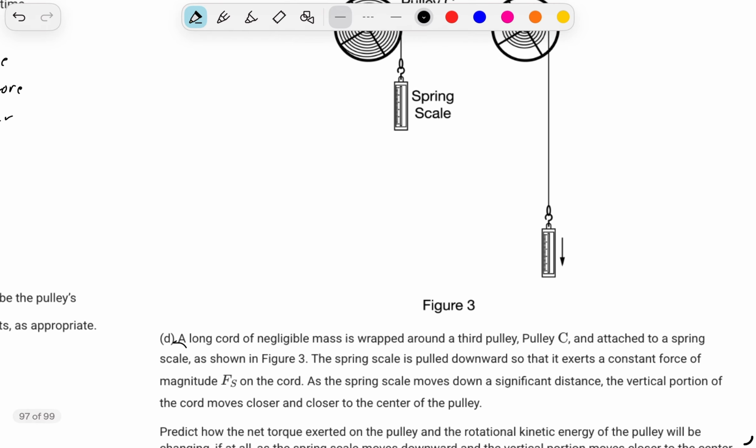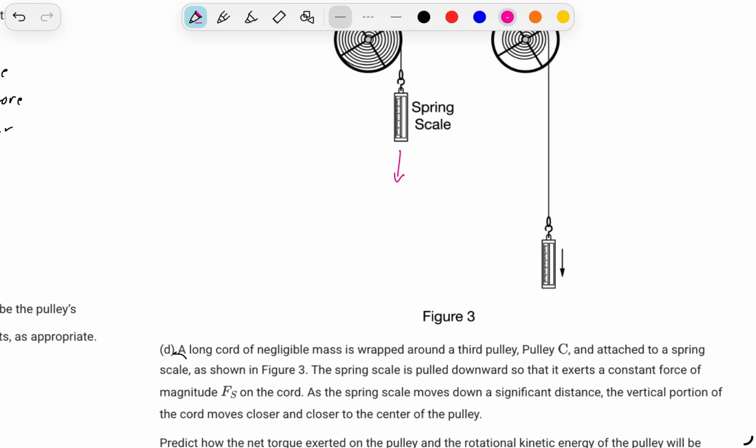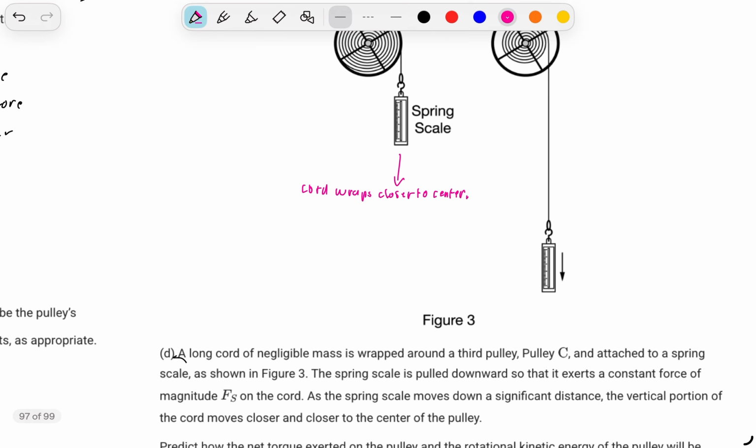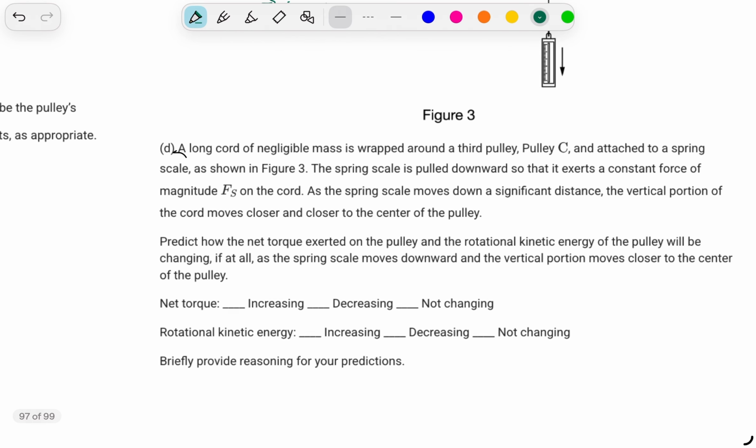So when the spring scale is moving down, this means the cord wraps closer to the center. So what that means is that the radius of your force is going to decrease. So let's look at our torque formula.